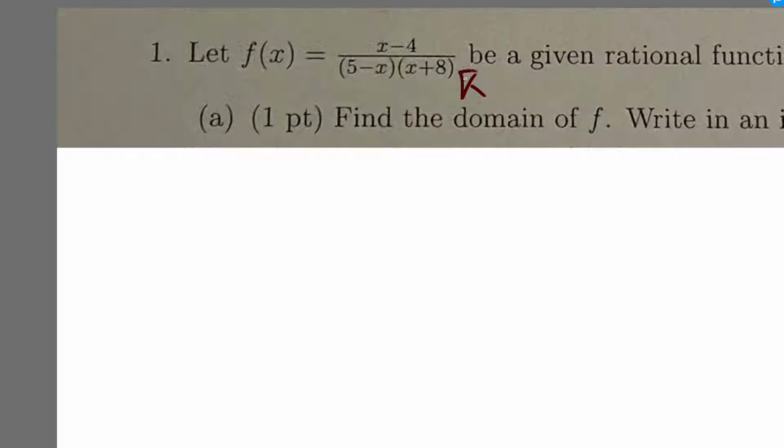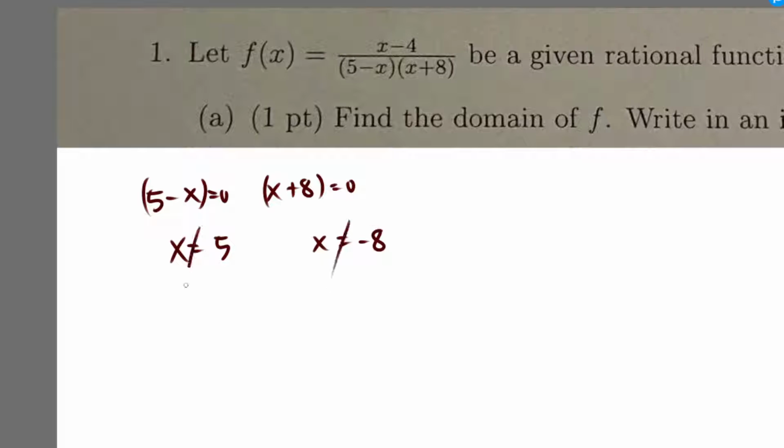Or holes. So in this equation, we have a denominator that has an x in it, which means that we are going to have to find when that equals 0, because we cannot have anything in our denominator equal 0. So we're going to set 5 minus x and x plus 8 equal to 0, and then solve for x. So x equals positive 5 and x equals negative 8, and they actually cannot equal that.